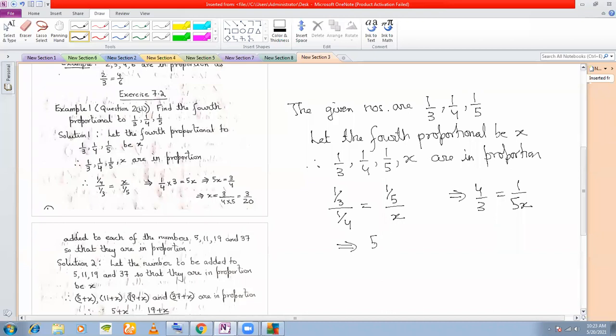That means you get 5x, let's say 20x, cross multiply, is equal to 3. Means you get x is equal to 3 by 20. So the fourth proportional of these three numbers is 3 by 20. That means 1/3, 1/4, 1/5, and 3 by 20 are in proportion.